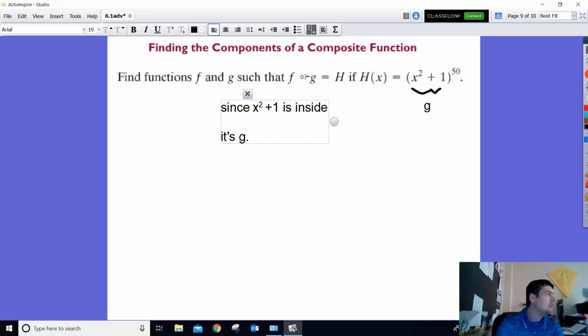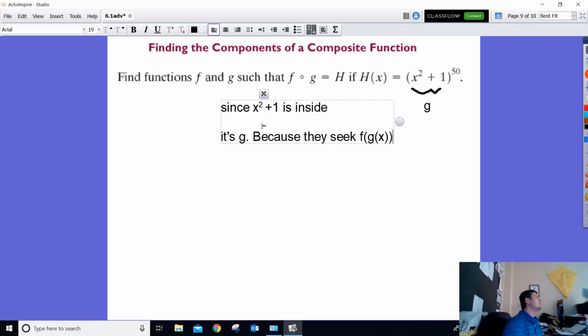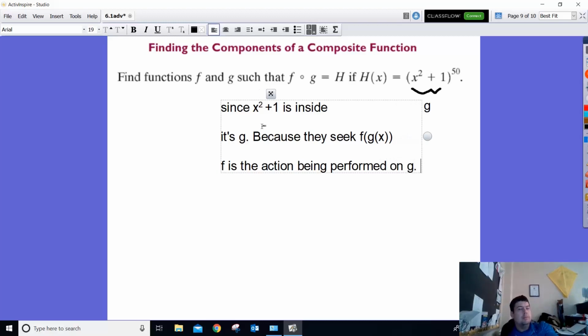They're wanting f of g. Isn't g inside the notation? f is the action being performed on g. What's the action being performed? What are you raising that thing to? The 50th.